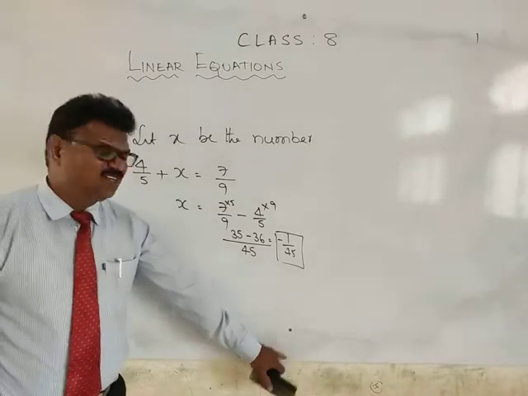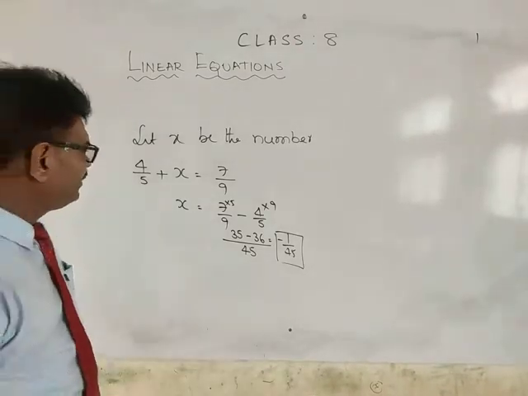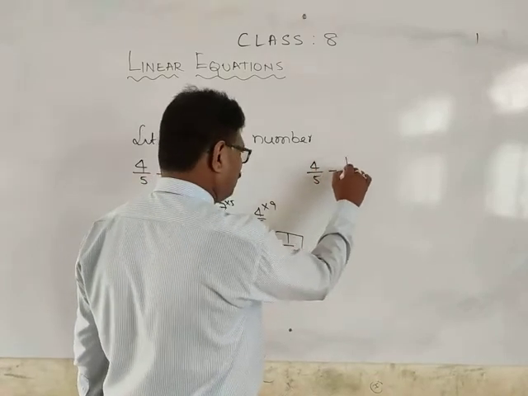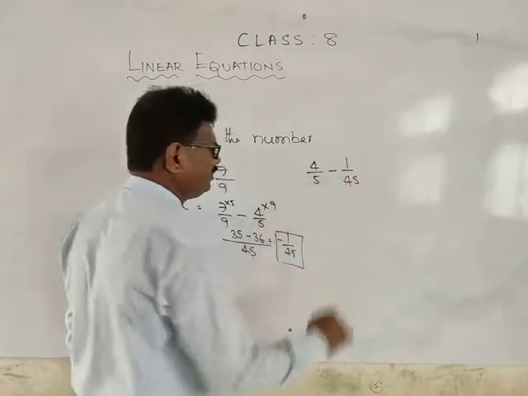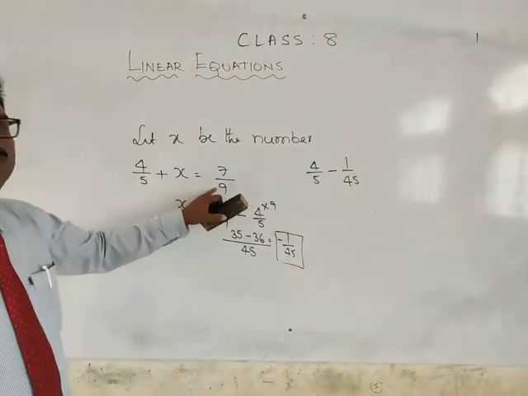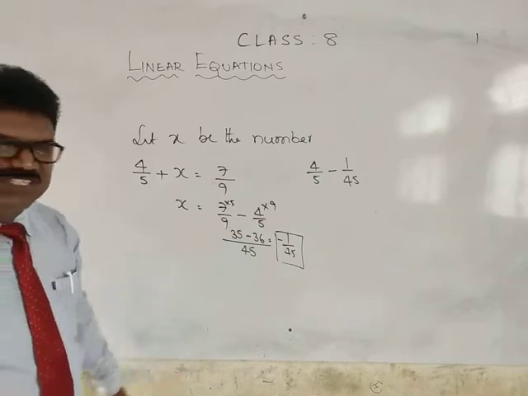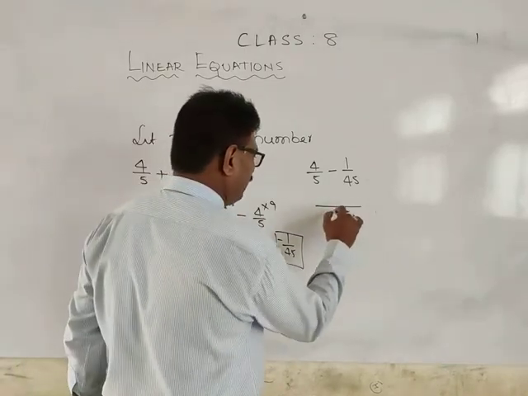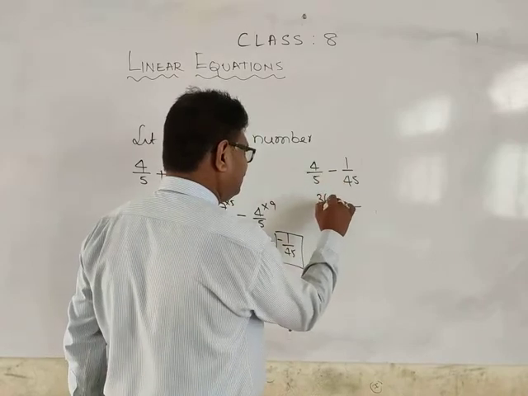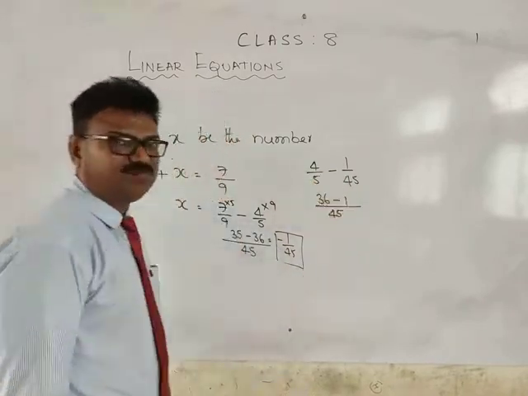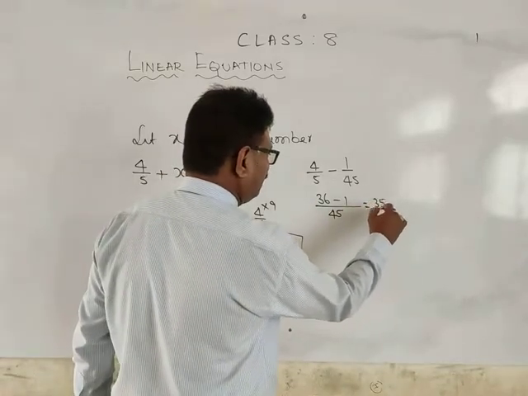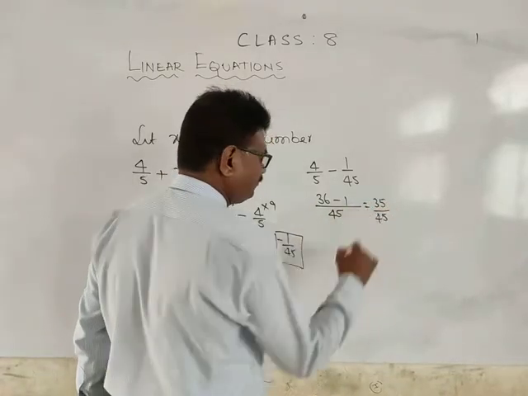See whether it is correct or not. We have to check by ourselves. Now 4 by 5 minus 1 by 45. If you take the left hand side, we should get 7 by 9; then only our answer is correct. Now 45: 5 nines, 9 fours are 36, minus 1. It will be equal to 35 divided by 45.